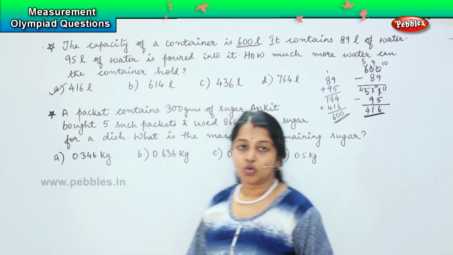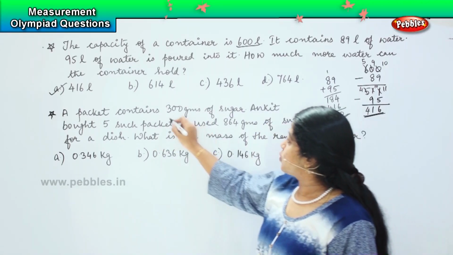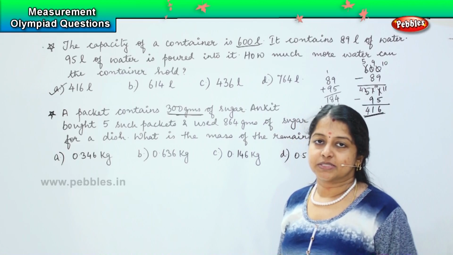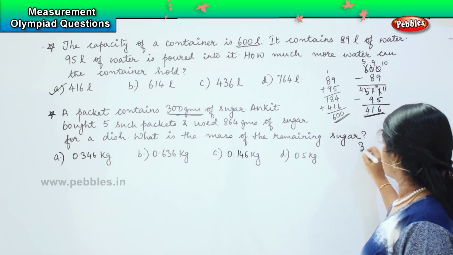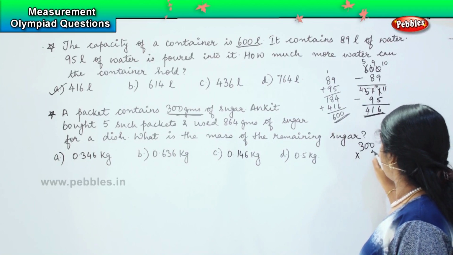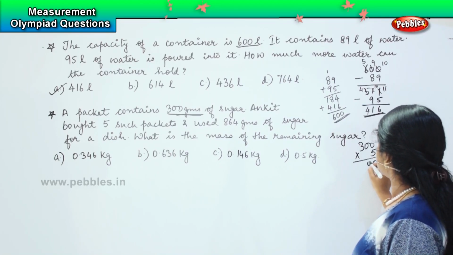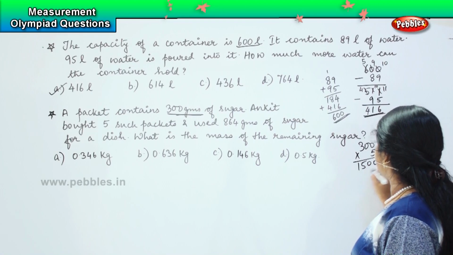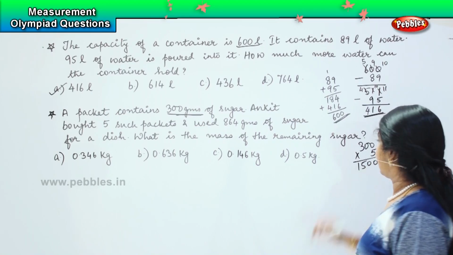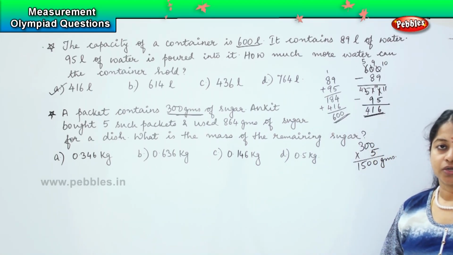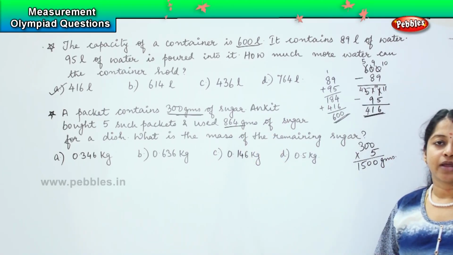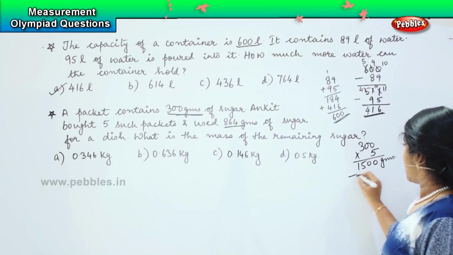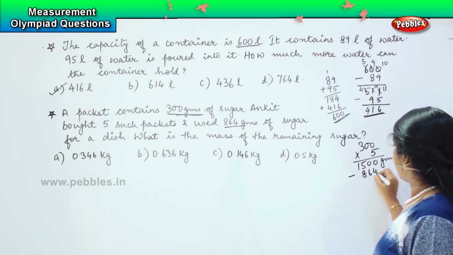Okay, so one packet weighs 300 grams and Ankit is buying 5 such packets. So which means 300 into 5, 0, 0 and 15. So which means that he is having 1500 grams of sugar. And how much is he using? He is using 864 grams to make a dish. So I will be reducing 864 from this.